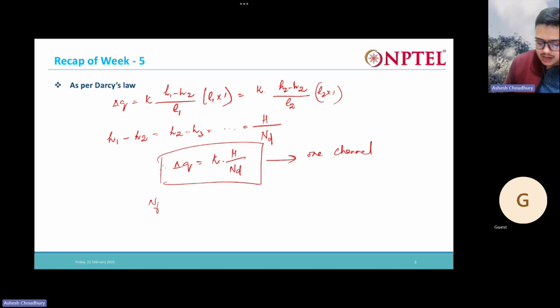This is the flow through one channel. Now, if we have Nf as the number of flow channels, then the total Q is delta Q into Nf.